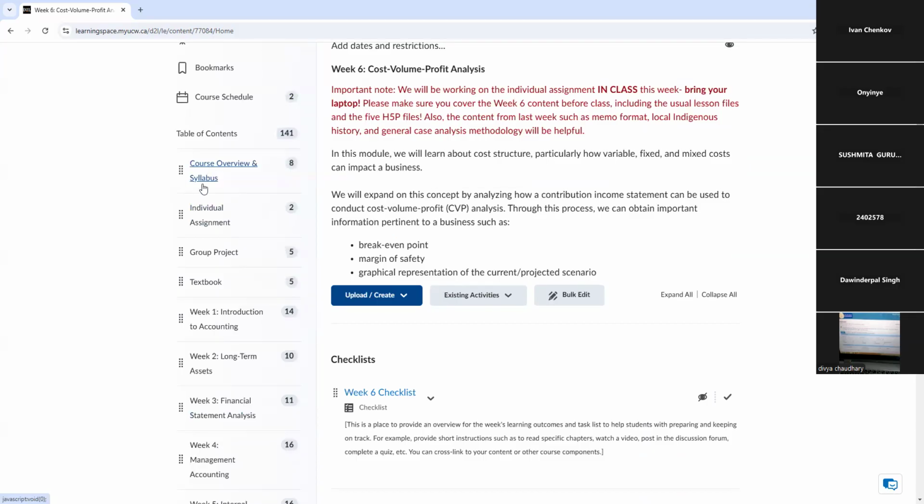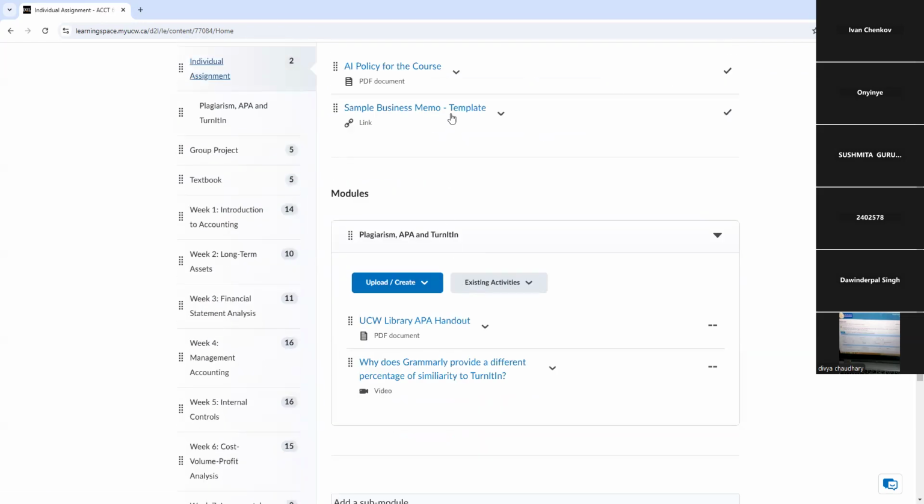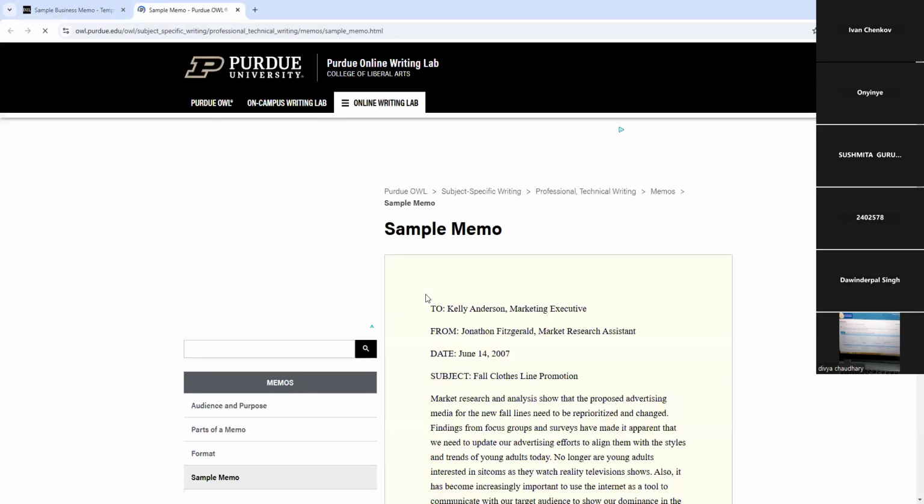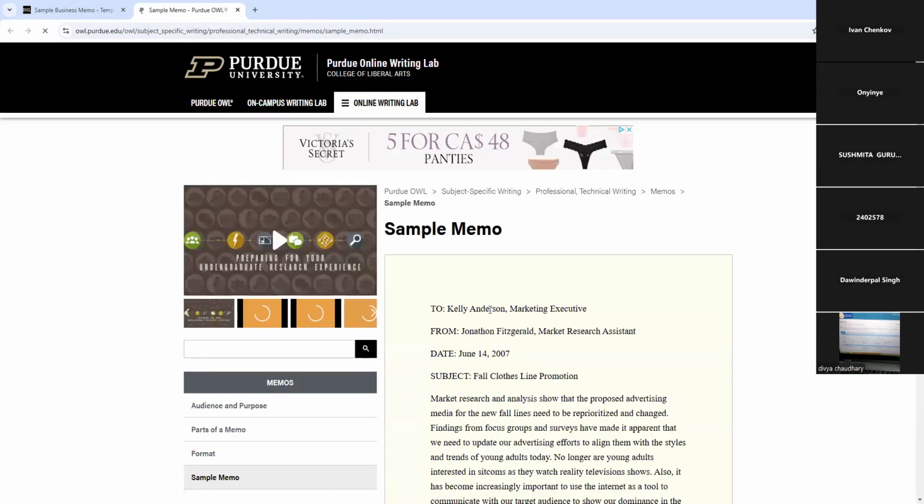On the memo format, please make sure that you follow exactly the requirements posted with the sample of the memo, which is right here. You have to have to whom you're writing, and from whom, which will be your name directly.